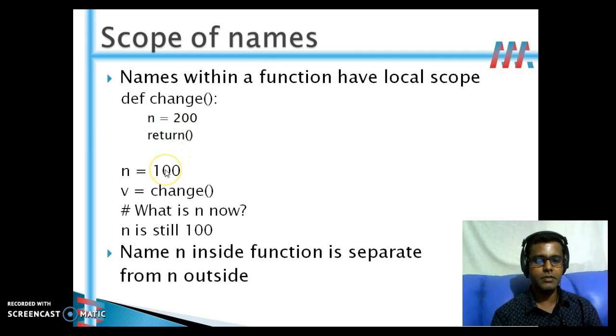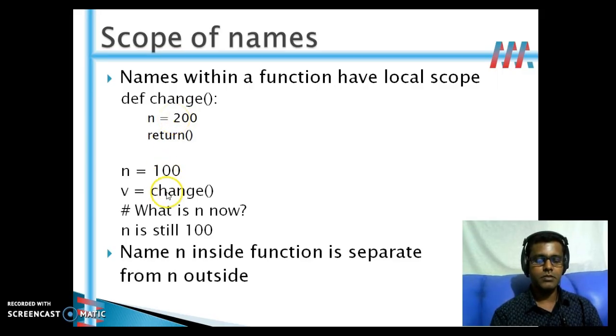Then in the upcoming statements, again I have a variable called n, which is assigned the value 100, and then I call the function change, and the return value of change is assigned to v. When I call this function change, it goes to the function, and within it I am changing the value of n.